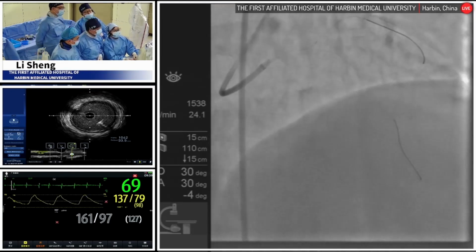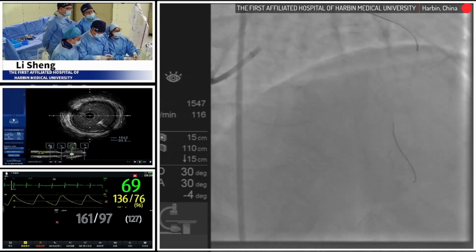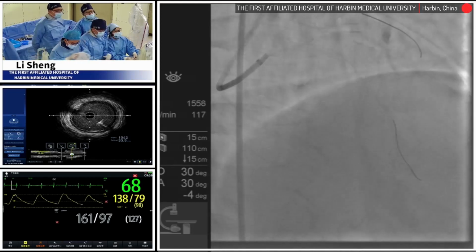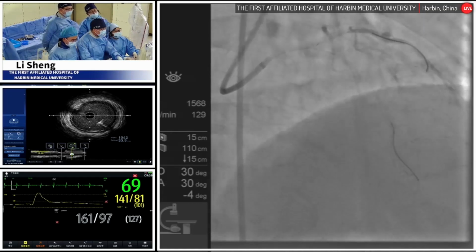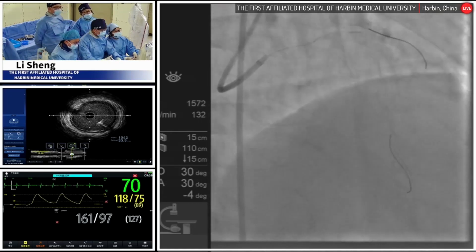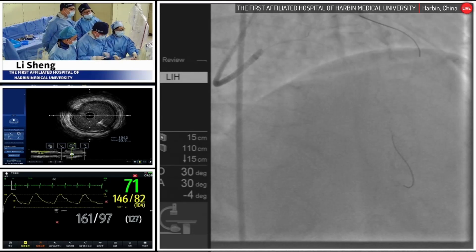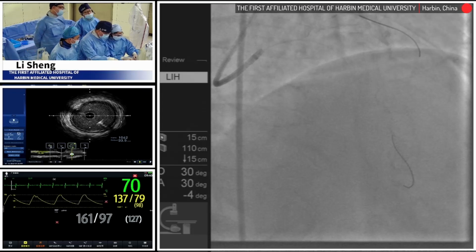It can be dilated to a much bigger size. I can't remember it clearly, but maybe the 3.5 Resolute stent can be dilated to 6.0 millimeters. Wow.